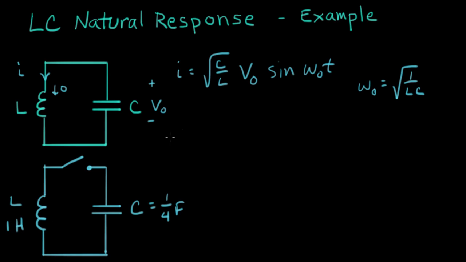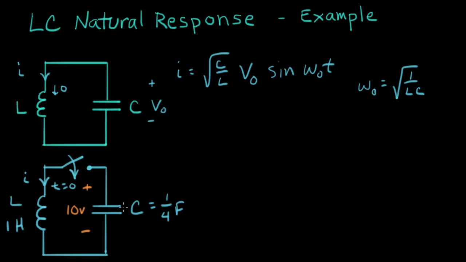All right? And on the capacitor, I'm going to put enough charge to bring this up to 10 volts before we close the switch. And then at time equals 0, we'll close the switch. And what we want to find is, what is I of t?